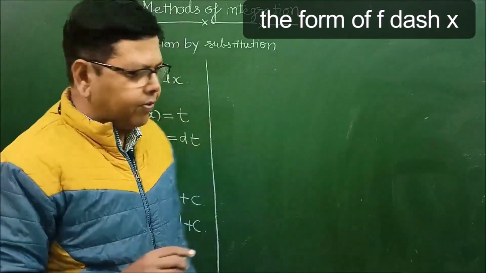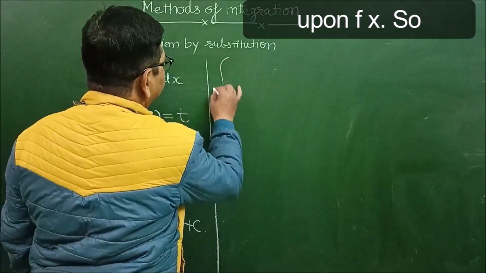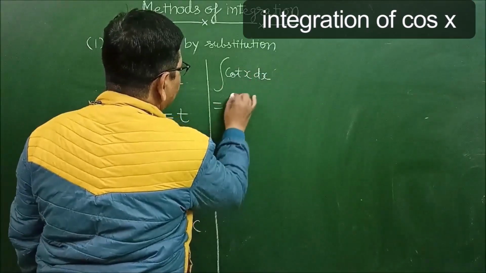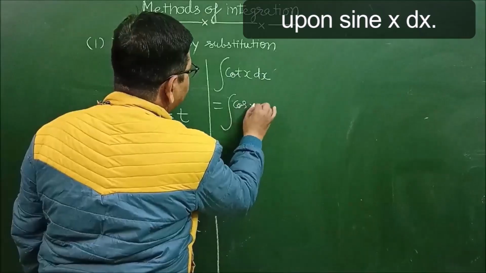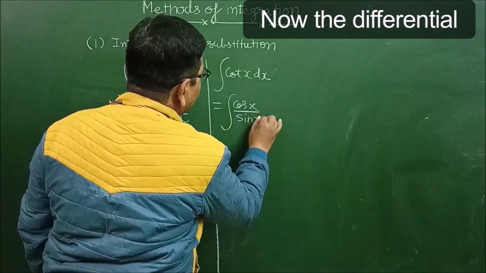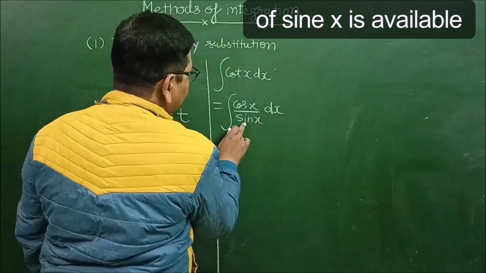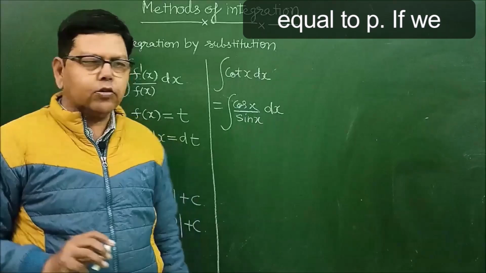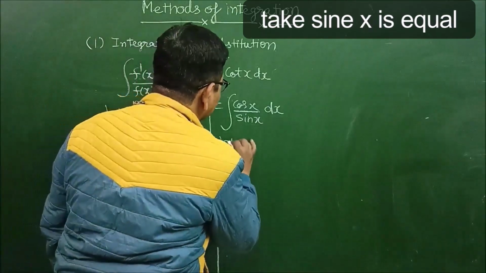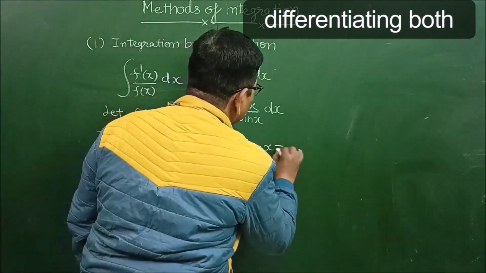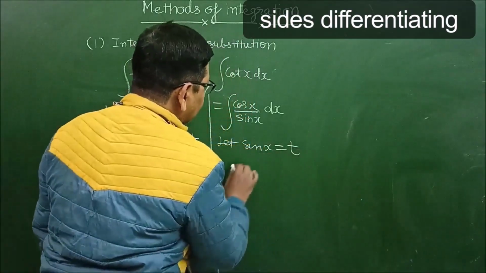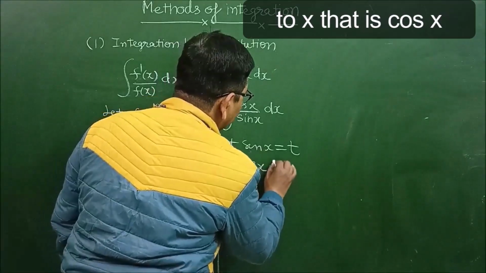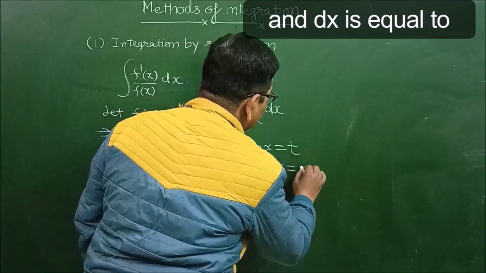Now let us discuss the next integral, integration of cot x, which is in the form of f dash x upon fx. So integration of cot x dx is equal to integration of cos x upon sin x dx. Now the differential of sin x is available in the numerator. So let sin x is equal to t. Differentiating both sides, differentiating sin x with respect to x, that is cos x dx is equal to dt.